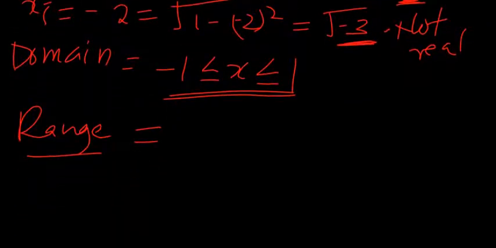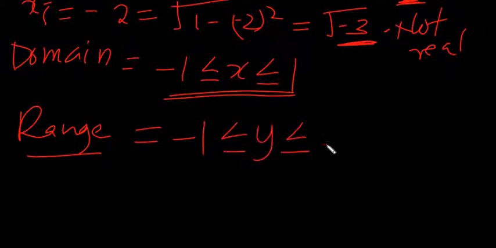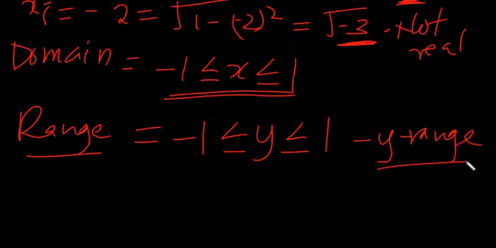So the answer is negative 1 is less than or equal to y, which is less than or equal to 1. 1 is still included. Any number less than negative 1 is not included in this range. In fact, we can say this one is the y range in this function, and this is the x range.